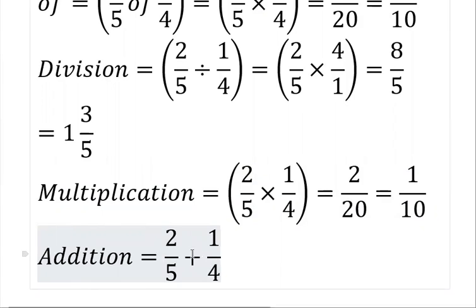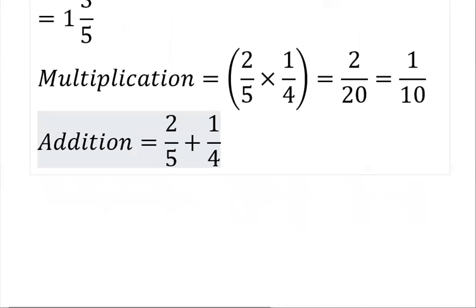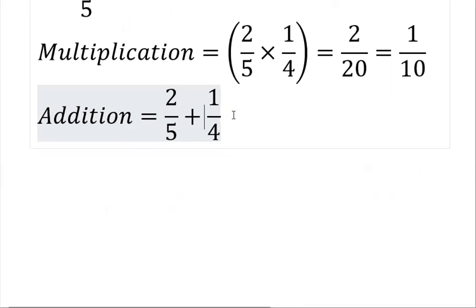Whenever you are adding and it's a fraction, you have to look for the LCM, that is the lowest common multiple. Let's just quickly do this. It is very key that we understand the principle behind it. So for addition, let's just get this as a template.